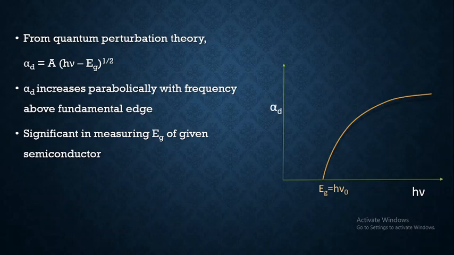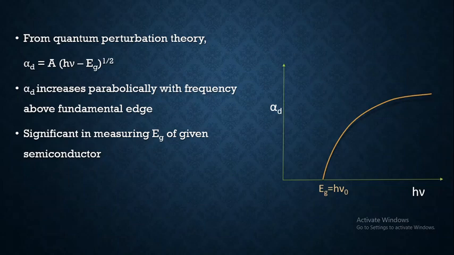So when h nu is equal to h nu naught, that is nothing but when h nu is equal to Eg, the energy gap, the absorption will just start. And if you note down the frequency where the absorption just starts, that value gives you the energy gap.